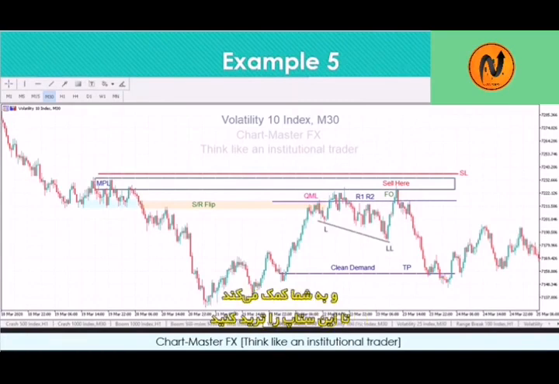Once you look for the video of the Quasimodo, it's going to help you to trade this setup, because as you have seen, the first version is more or less an ignored Quasimodo. So you need to understand that concept first before you begin to trade the diamond version.